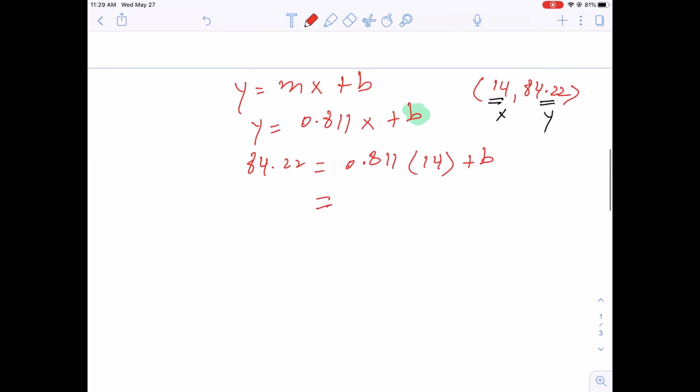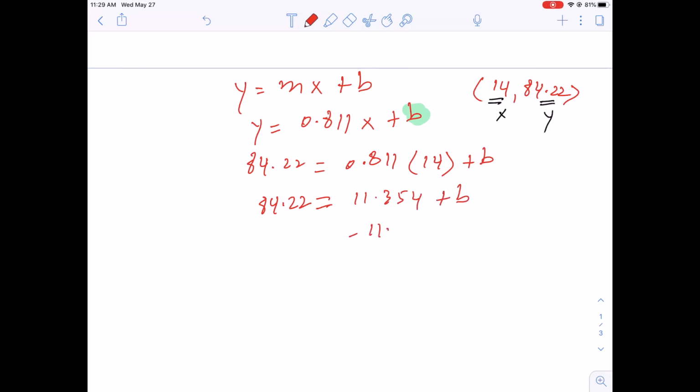0.811 times 14, we will get 11.354 plus b.